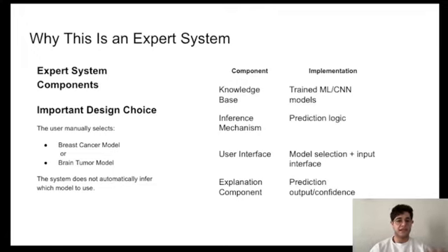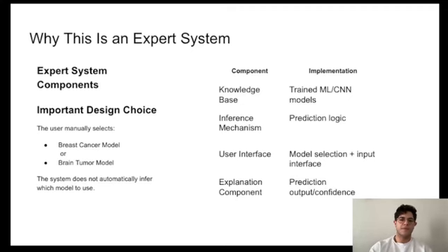The model is selected by the user, and then they are able to input data on the interface in order to get some results out. And then we have the explanation component where a prediction or an outcome is given. So simply put, knowledge base, inference, and outcome. So input, rules, outcome. This makes this an expert system in our eyes.